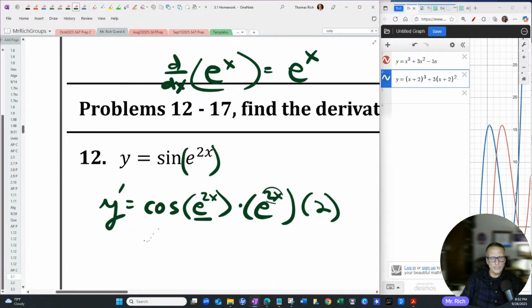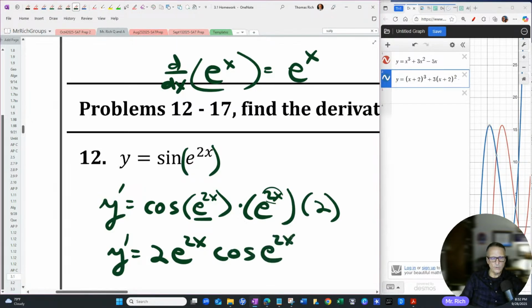And so you could clean this up maybe and take the 2 e to the 2x to the front times the cosine of e to the 2x, and that would be the derivative. All right.